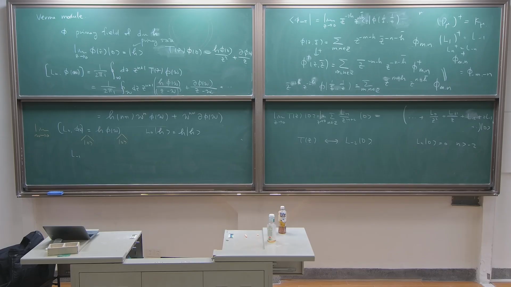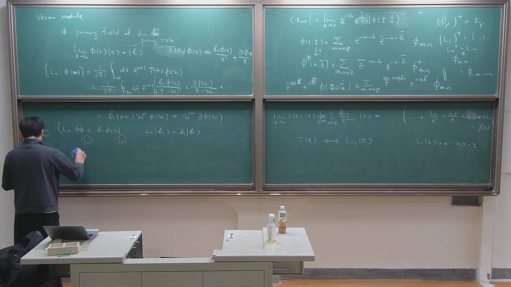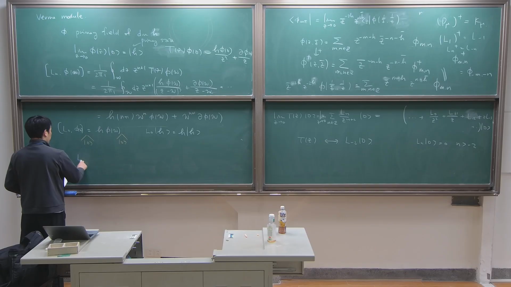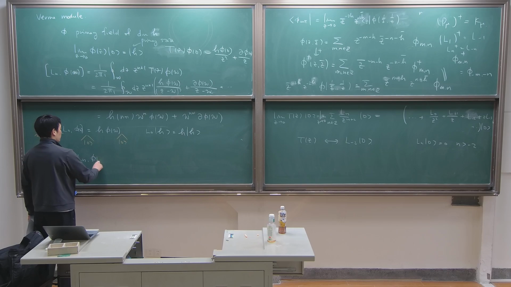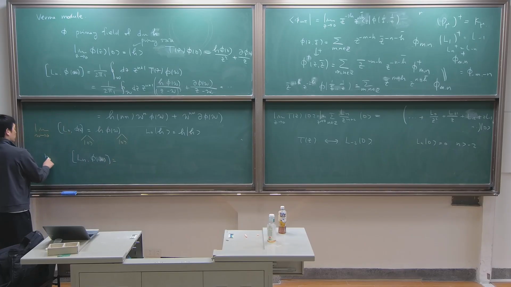This one is kind of tricky. Moreover, Ln acts on phi of z phi of w, where n is greater than 0.